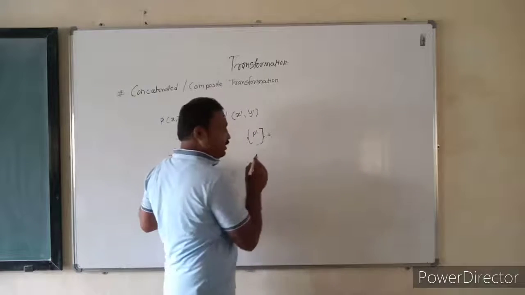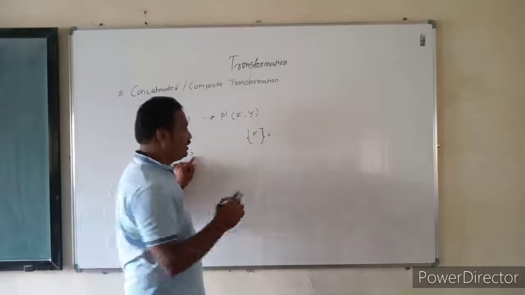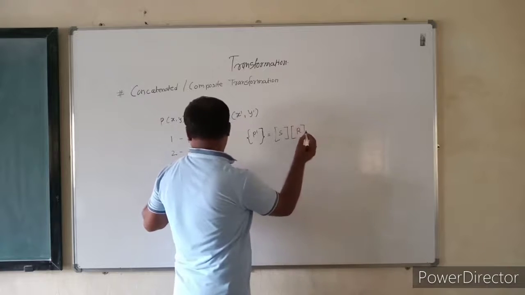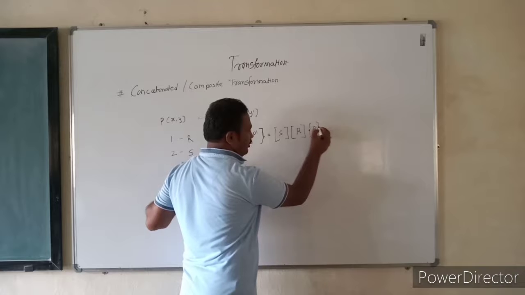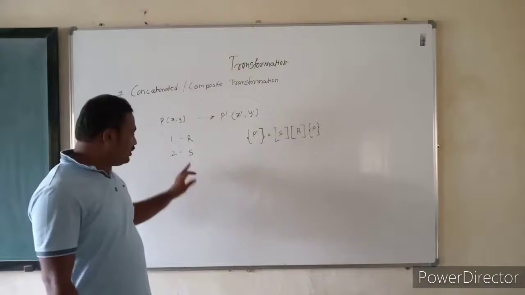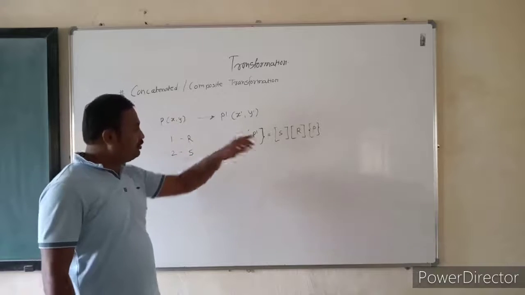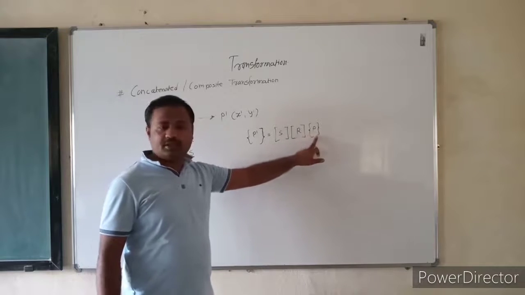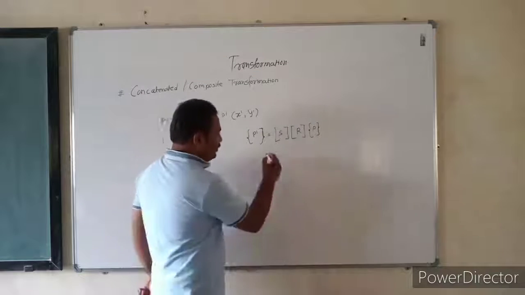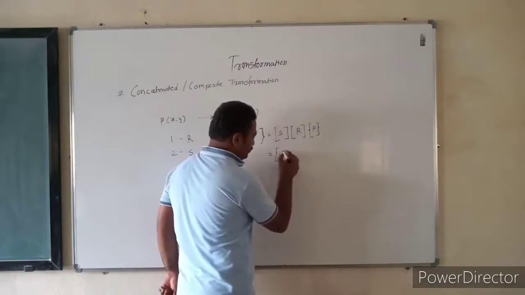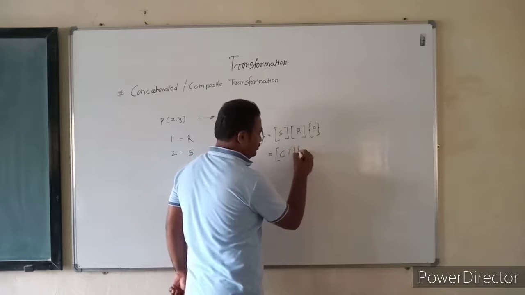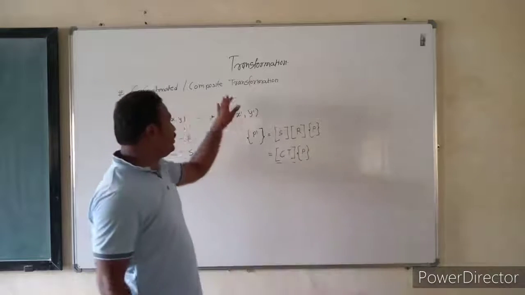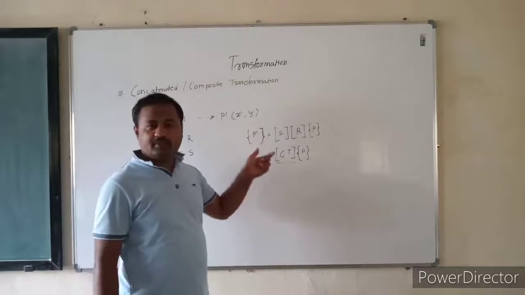Then in multiplication you take the reverse order: the scaling matrix first, then the rotation matrix, and then last the original point coordinates P. So it becomes CT, the composite transformation, times P. This is called the matrix for composite transformation or concatenated transformation.